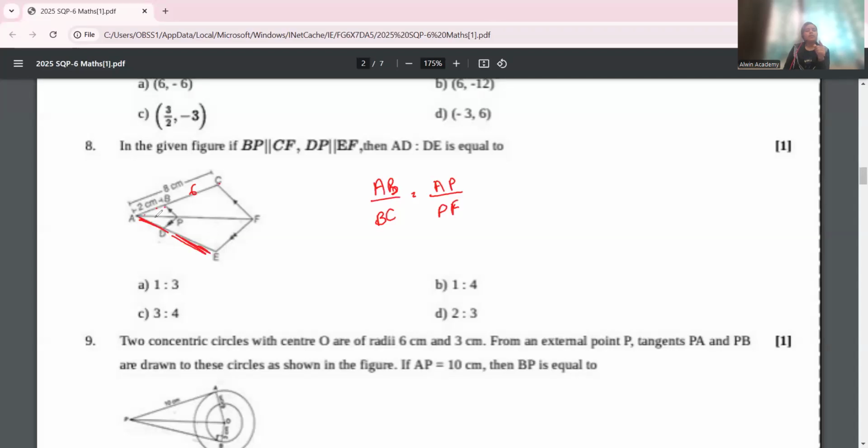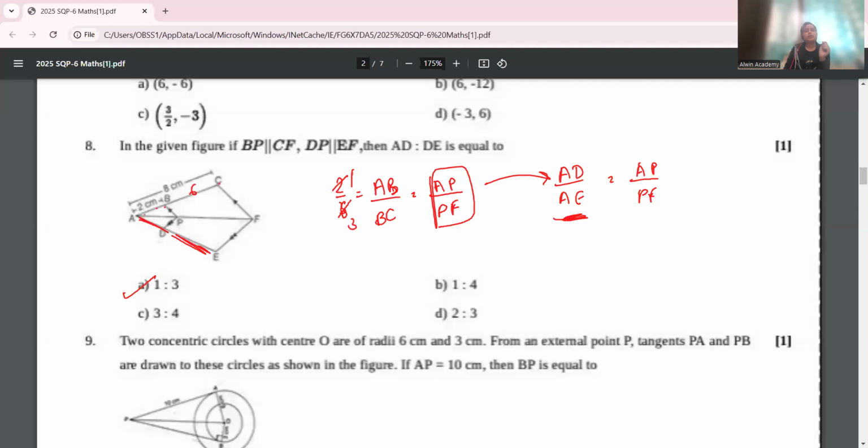And similarly, if I apply BPT in this particular triangle AEF, I can say AD by AE equals AP by PF. Now simply AB by BC is 2 by 3 or 2 by 6 or 1 by 3. Thus AP by PF is 1 by 3, and hence using these two equations we can also say AD by AE is also 1 by 3, or the ratio is 1 is to 3, option number A.